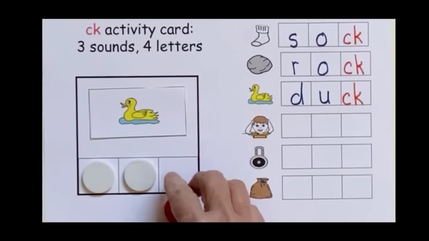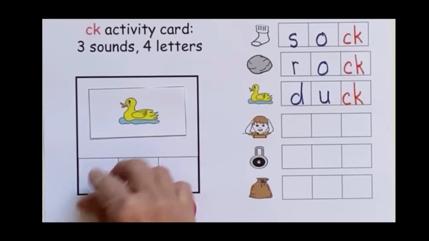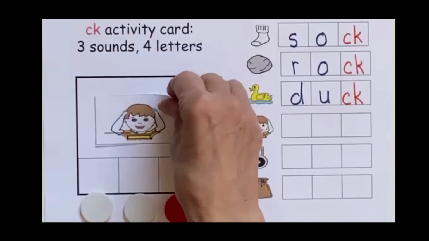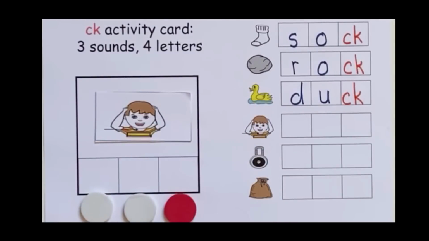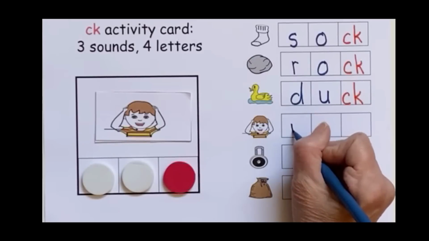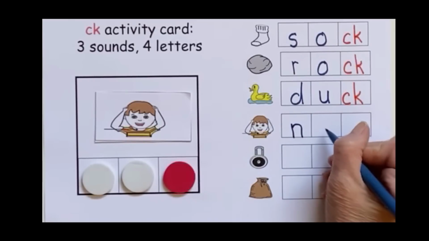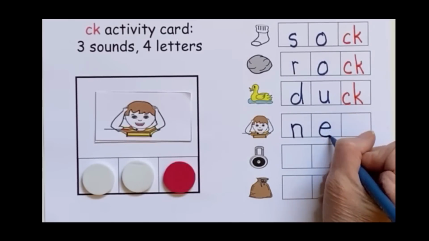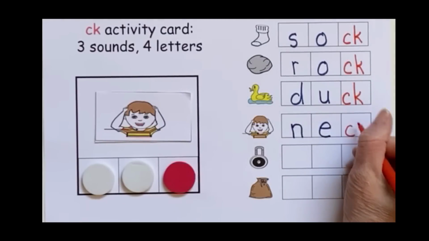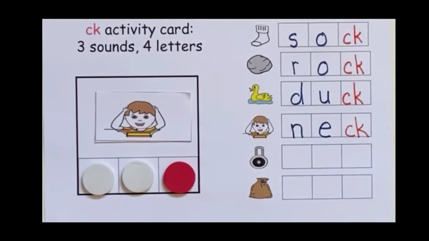Push down. Next picture. Neck. N, e, k. Write the letters that represent those sounds. N, e, short E, k, C, K, digraph.